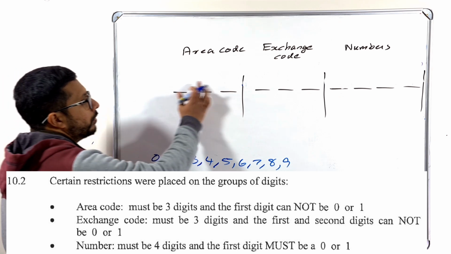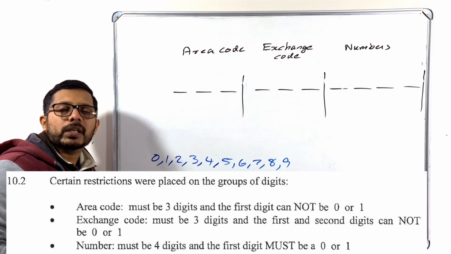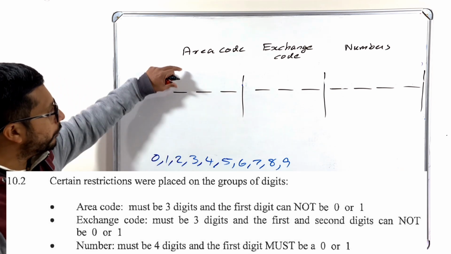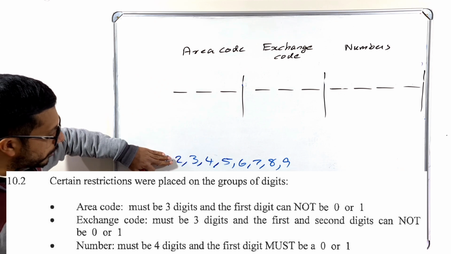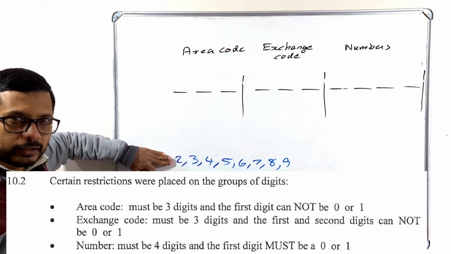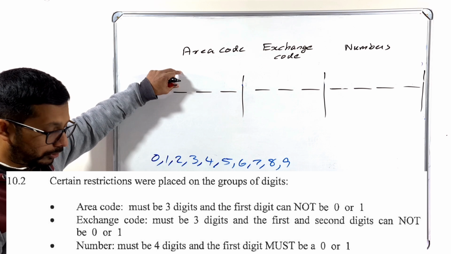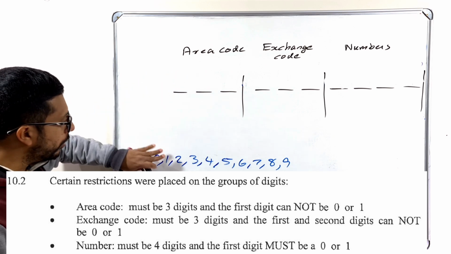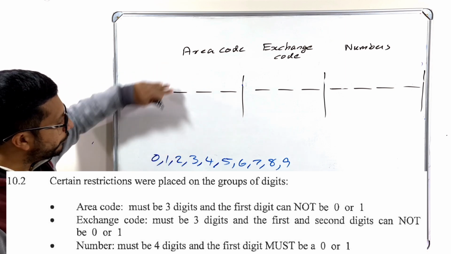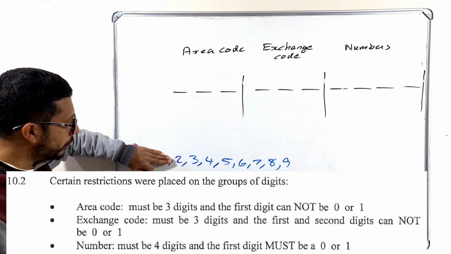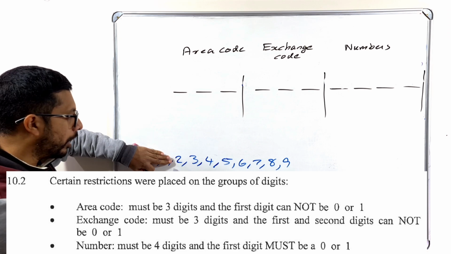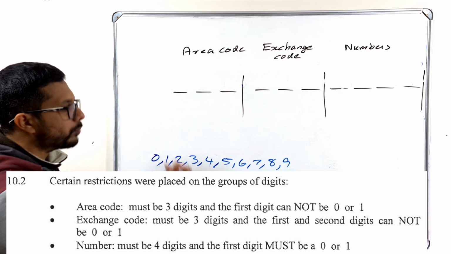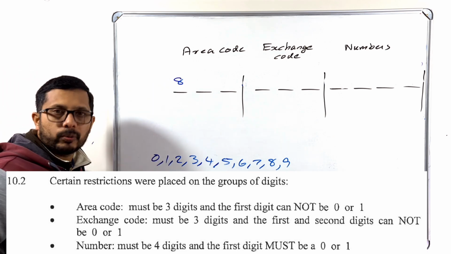So here for the first position we are not allowed to use 0 and 1. Only for the first position. So for this position to be filled, it can't be 0 or 1. If we take out 0 and 1, how many digits remain? 8 digits. Do you understand? So for this position to be filled, we have 8 options.